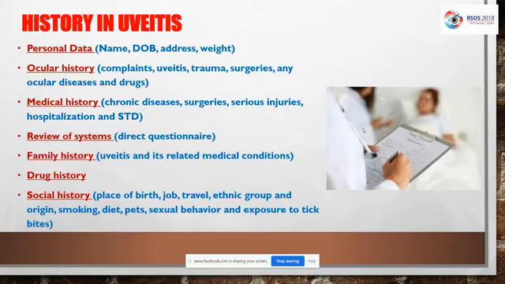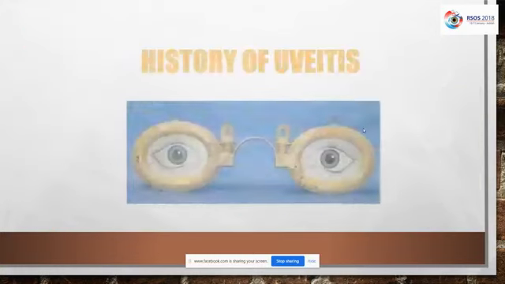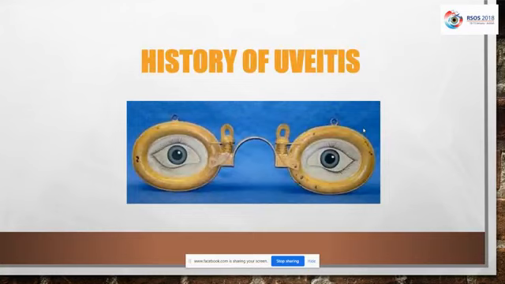The sexual behavior and sexually transmitted disease and the history of any of those can be an important clue in your diagnosis of uveitis, and also exposure to tick bites, with the possibility of those patients having Lyme disease or Borrelia burgdorferi infection. So again, it's very important to be sure whether your uveitis is associated with one of those risk factors according to the main history of the patients.